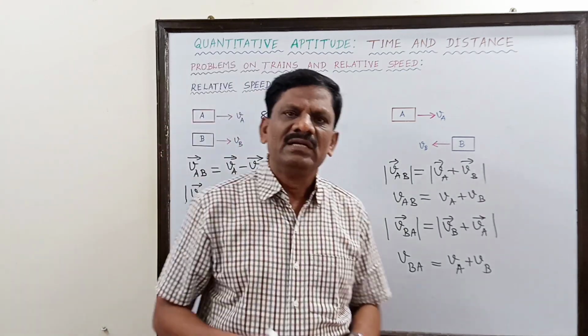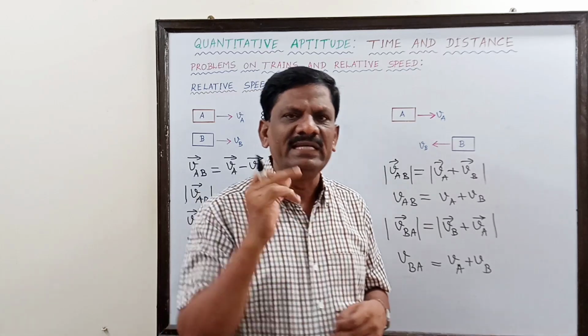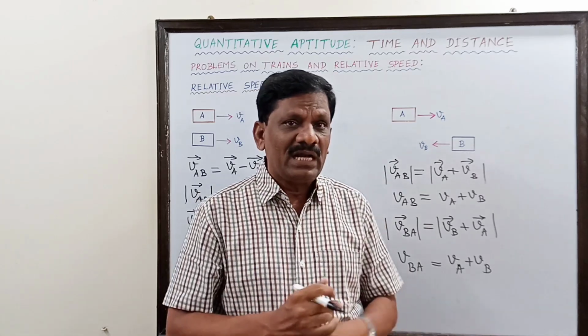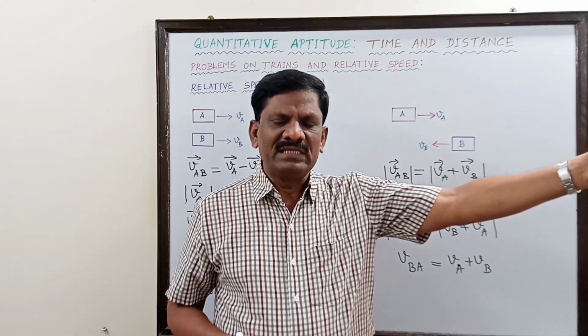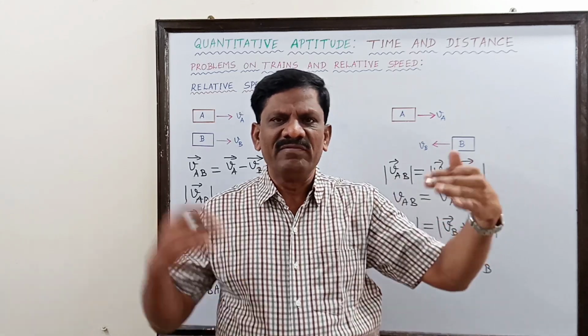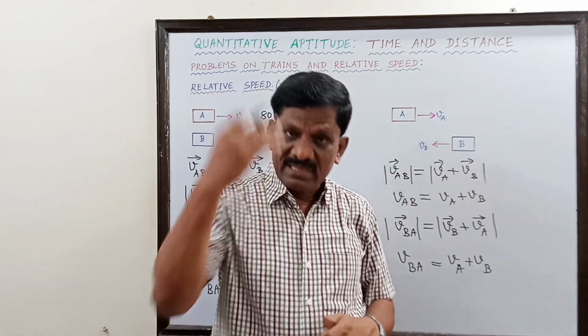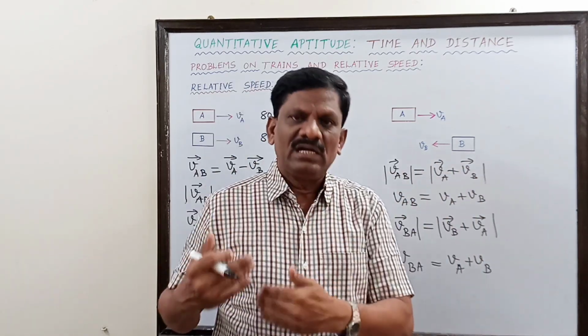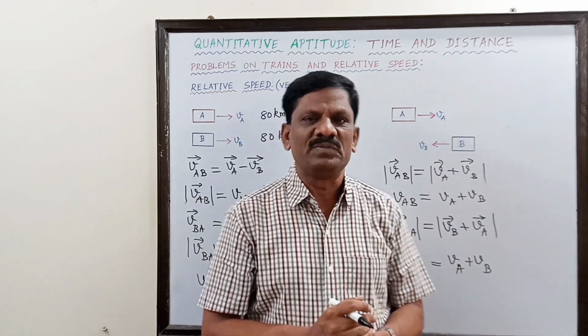That is why when we travel in a bus in the forward direction at 80 kilometers per hour and another bus in the opposite direction crosses our bus, we feel the other bus is going at extremely high speed. For the other bus also, our bus will be traveling at extremely high speed. It is relative speed.